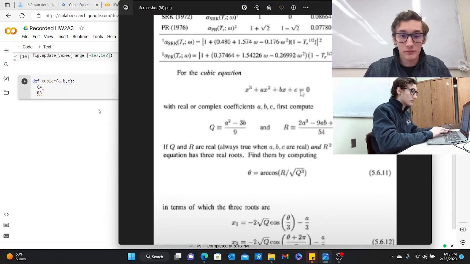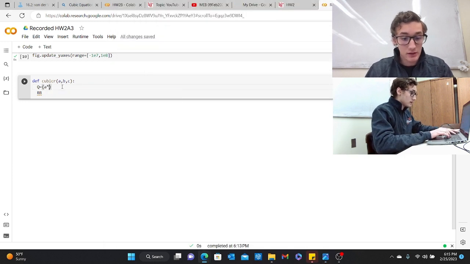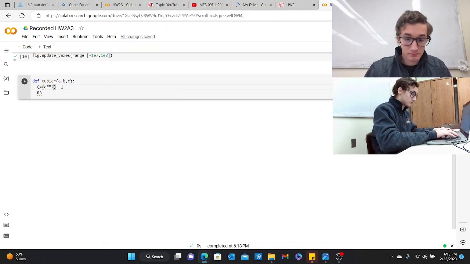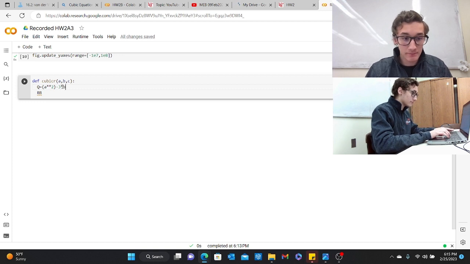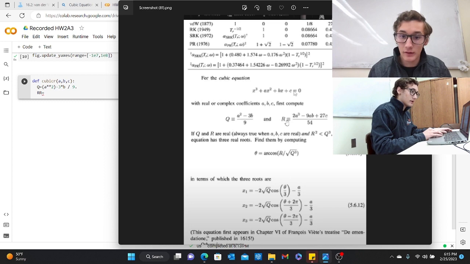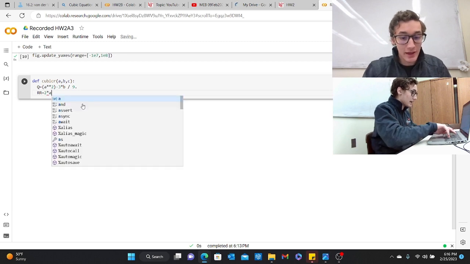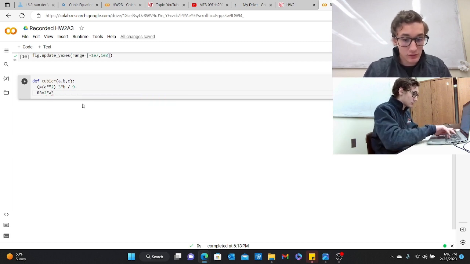So Q equals A squared minus 3B over 9. It's going to be A squared minus 3 times B. And now we're going to divide that by 9. R, on the other hand, is a little bit longer. 2A cubed, so it's going to be 2 times A cubed.